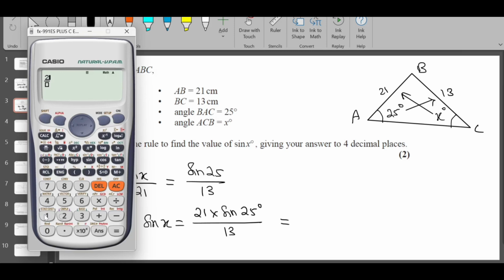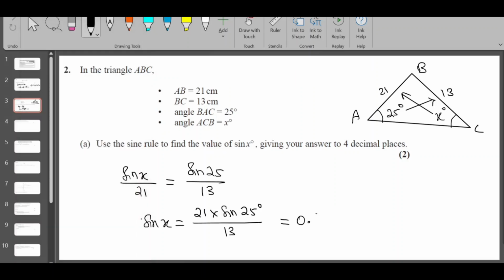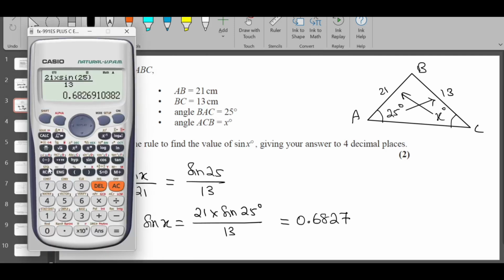So 21 times sine 25 over 13, 0.6827. 0.6827 is the answer. So I'm going to quickly store the value as A, because in case we need this angle later, we are going to use the actual value, not the rounded value.